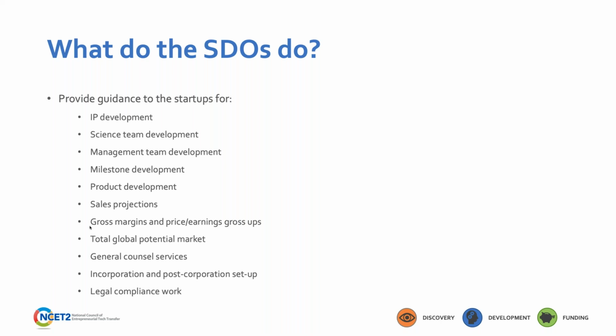Here's a little bit more in specifics. I think I touched on a lot of this already. So IP strategy guidance, science team development, management team. We break those up because the corporates generally want the science team. The management team isn't as interesting to the corporates because they do the scale up, and generally they already have people that could take the company from a few million to hundreds of millions or whatever it could be.